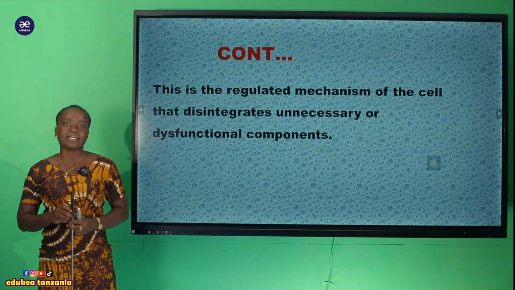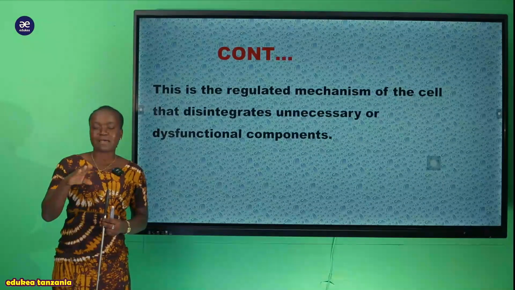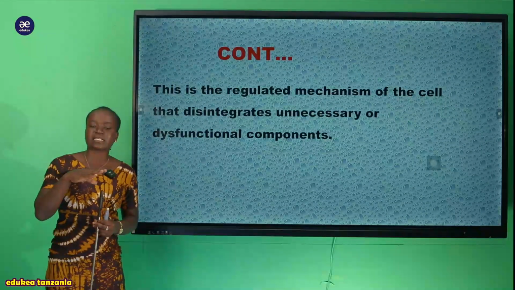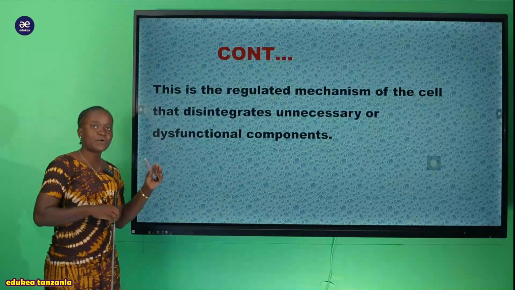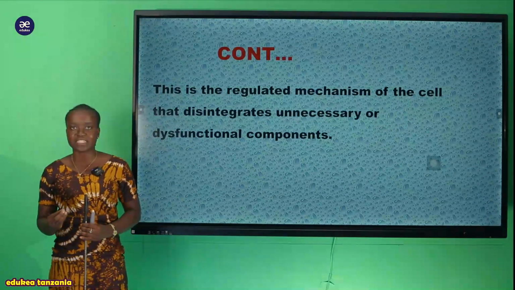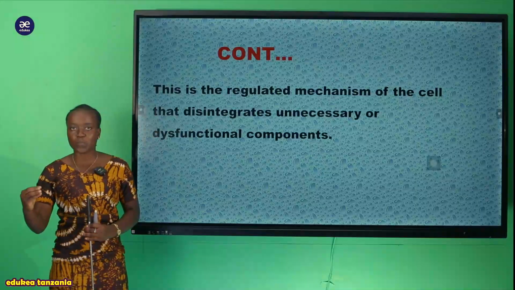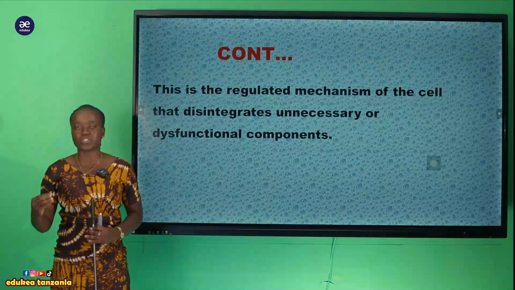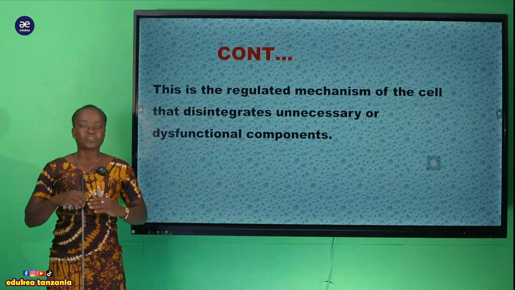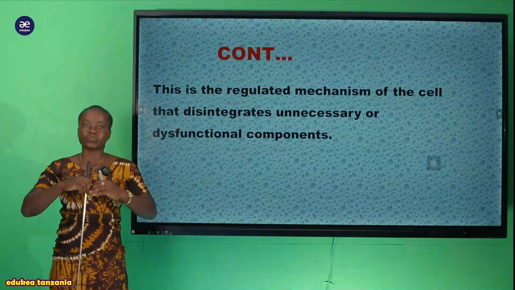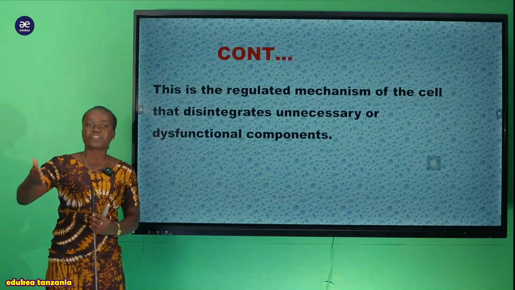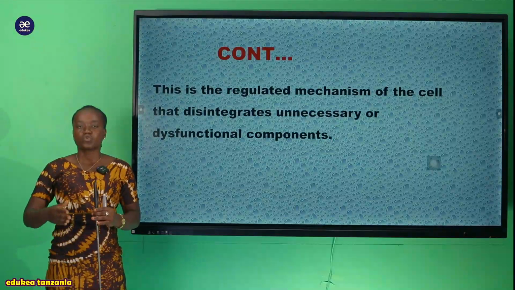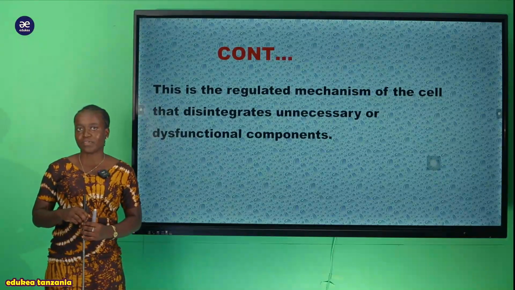So tunajua kwamba at a time kuna muda baadhi ya organelles zinakuwa haziendelei tena kufanya kazi. So zinatokaje mule ndani, ndipo ambapo lysosome inafanya work upon that dysfunctional component or dysfunctional organelles which are found within the cell. So inachofanya ni kuziharibu zile components ili ziweze zikatoka nje in order for the new components to work in a proper way.